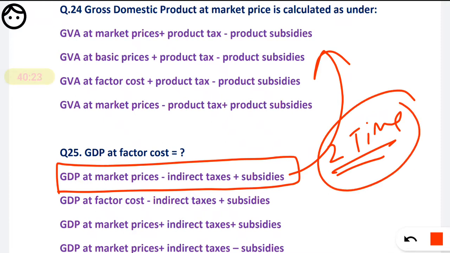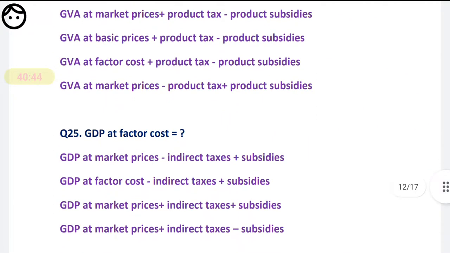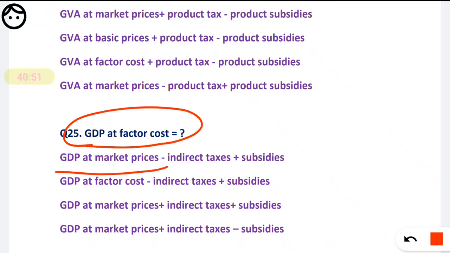Market is your basic price or cost price, plus you add the taxes, because at a market rate you have to pay the tax, and minus subsidy. Whatever subsidy the producer gets, definitely needs to be subtracted from the price. So the basic funda is this. GDP at factor cost is GDP at market price minus tax plus subsidy. So you will get the exact costing.